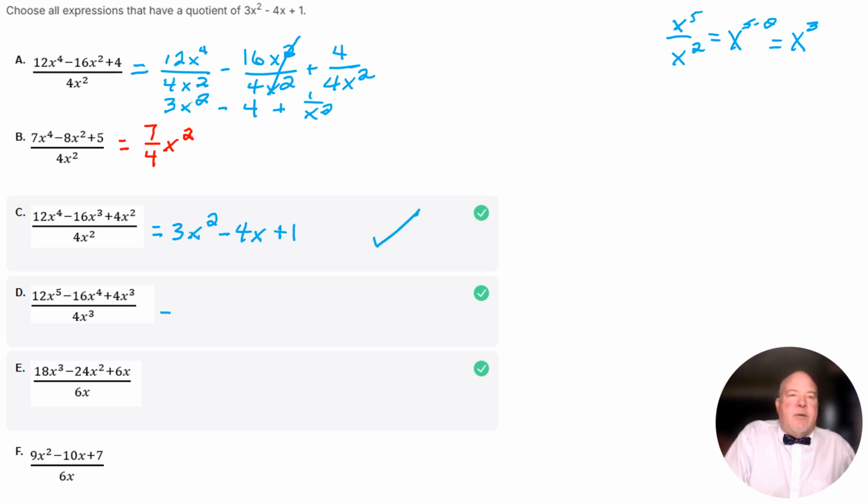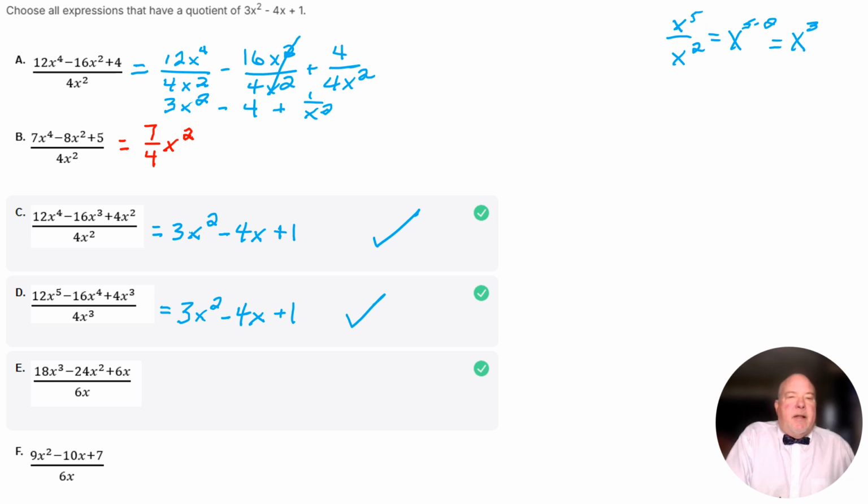Go to the next one. 12 divided by 4 is 3. So once you get going on this, it shouldn't take you too long. Subtract the exponents, 5 minus 3, so I get x to the second. So that's good. Minus 16 divided by 4 is 4. Subtract the exponents, you just get x to the first. And then the last one, you get 1. So that one's good.